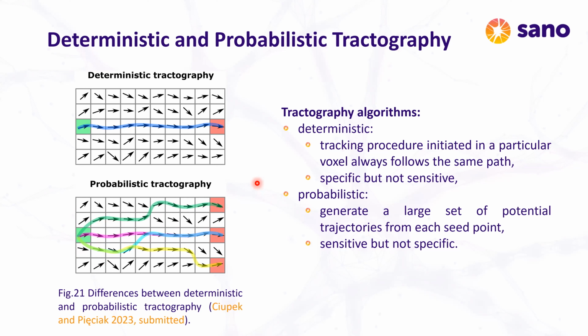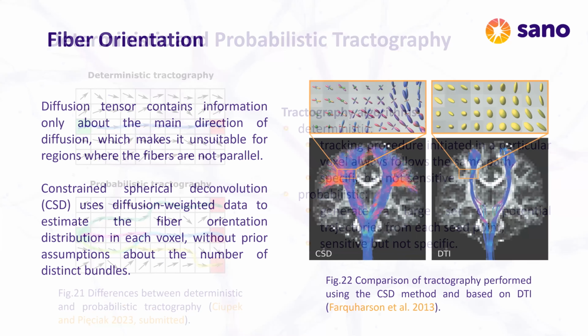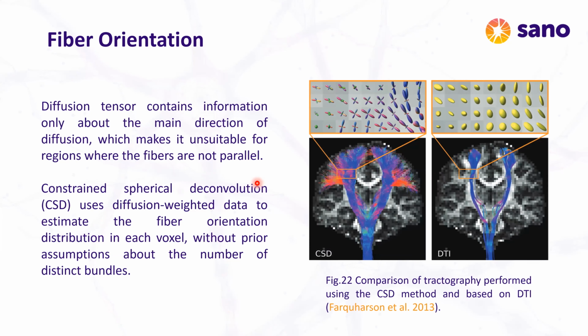The trajectories between two regions of interest in the brain can always be reconstructed, but this results in a large number of false positive trajectories. The most important factor that determines the tractographic algorithm propagation is the diffusion model used to estimate the local fiber orientations in each voxel of the diffusion-weighted data.